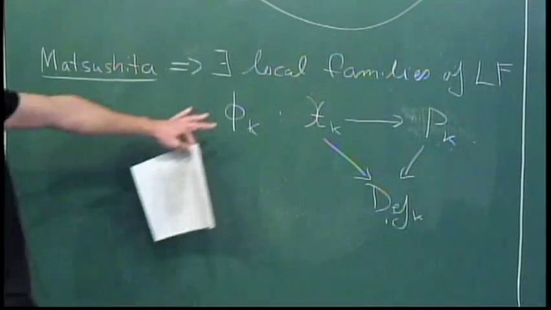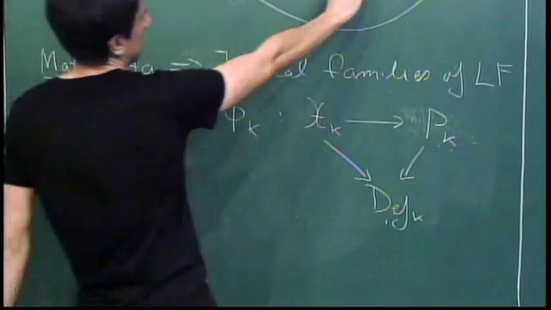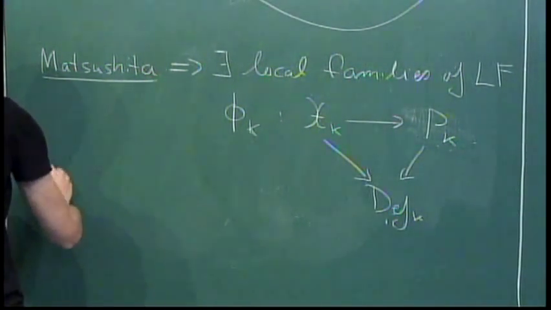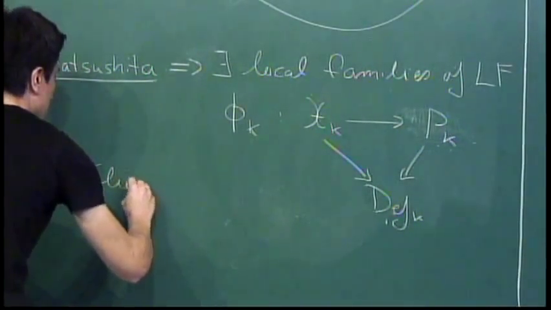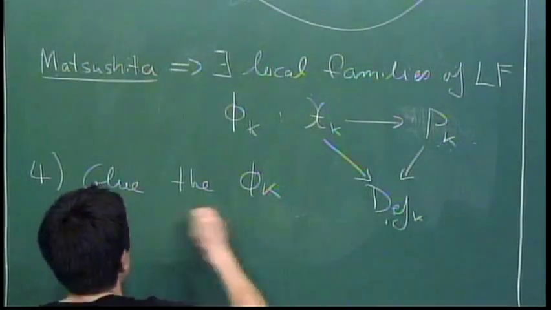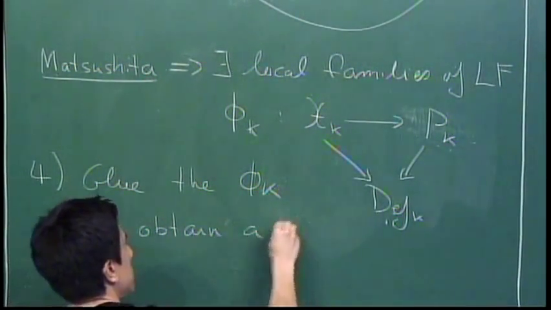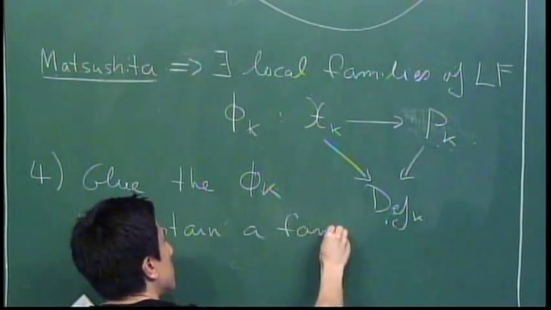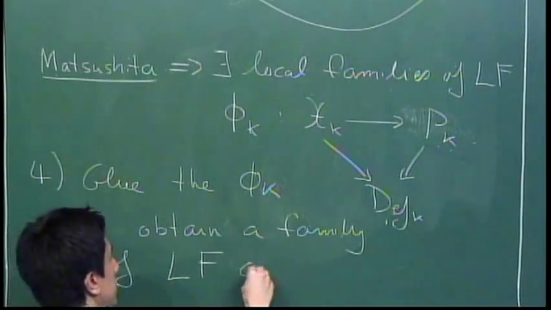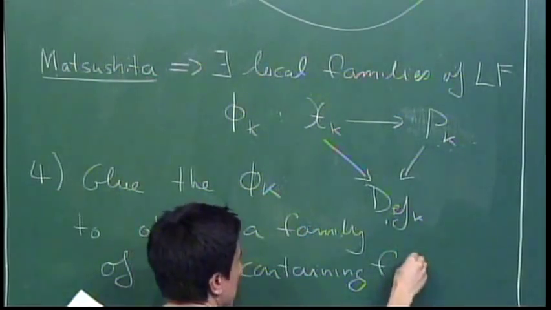Yeah, now we are gluing the families to obtain a global family which contains both Lagrangian fibrations. Glue the phi_k to obtain a family of Lagrangian fibrations containing f and pi.